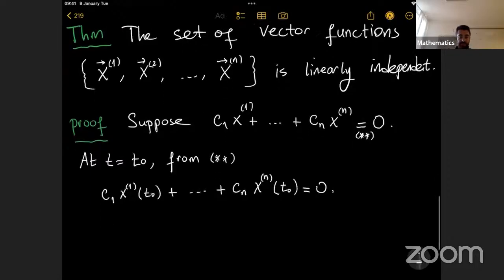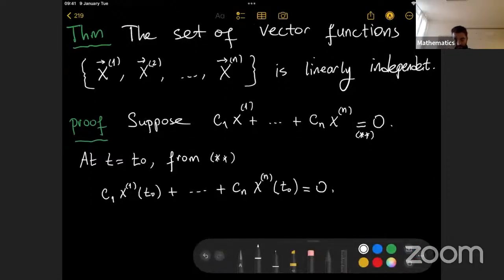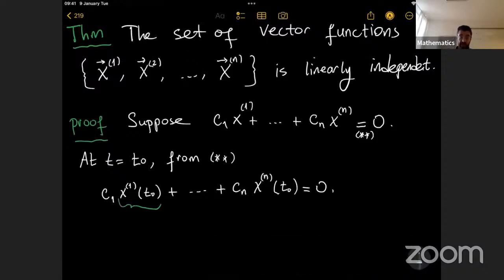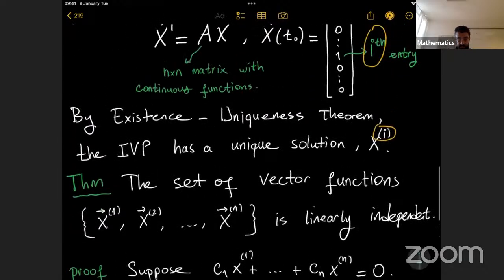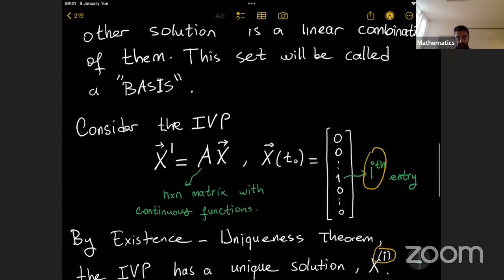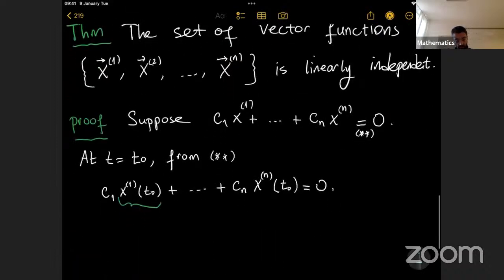But remember, what is this? x1(t0) is the solution of this IVP with i equal to 1, so x1(t0) will be 1, 0, 0, and next x2(t0) is 0, 1, 0, 0, 0. And this one, for instance, is 0, 0, 0, 1.